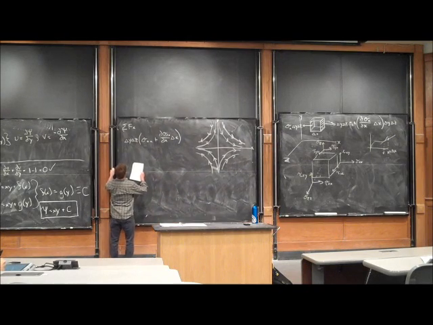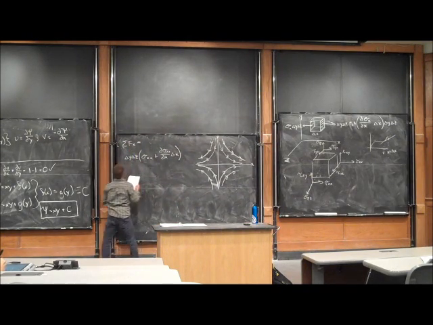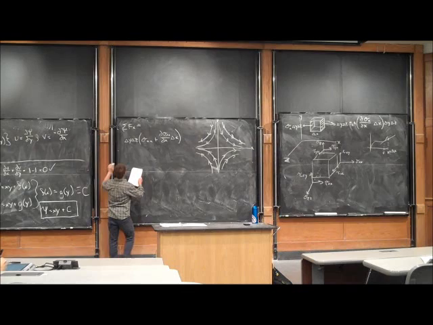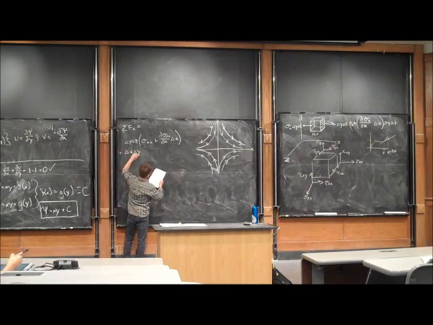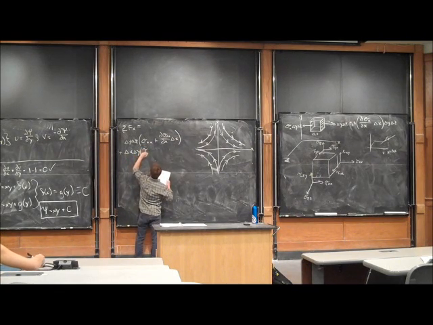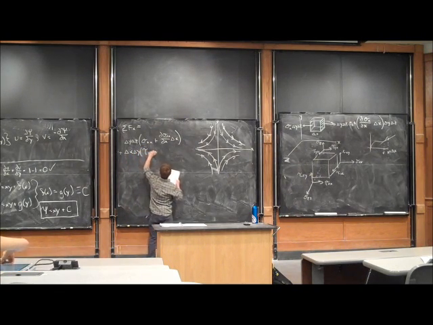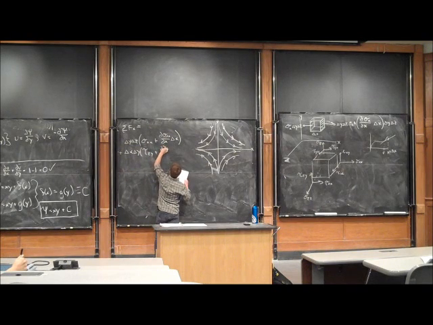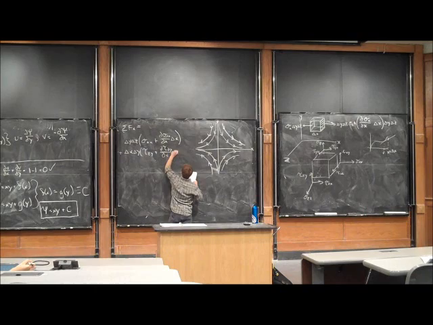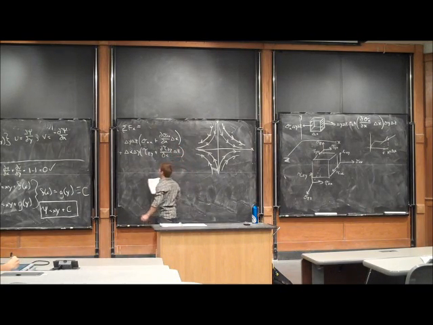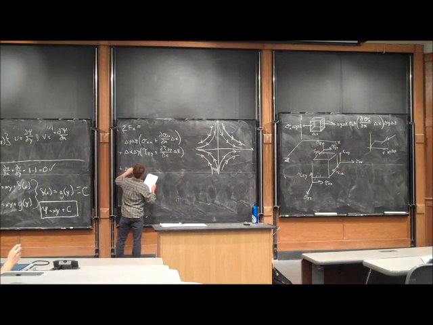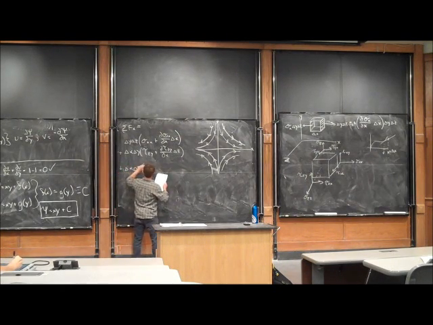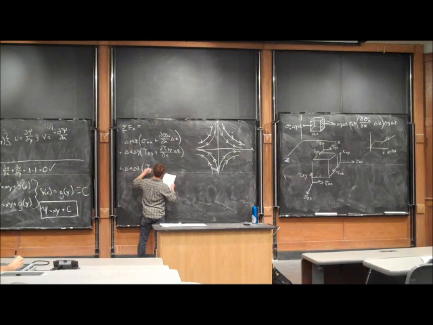So I should say this is all equal to that, plus delta x delta y times tau zx plus del tau zx del z times delta z, plus delta x delta z times tau yx.